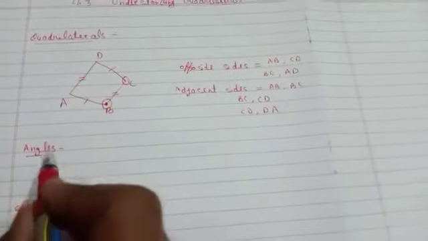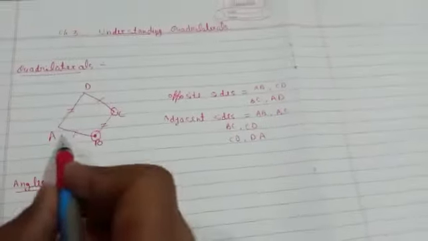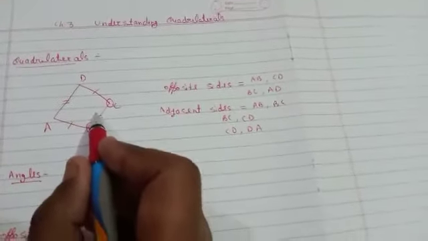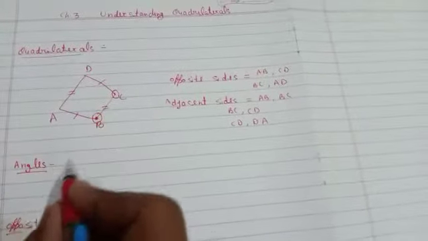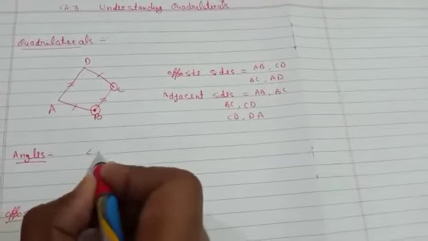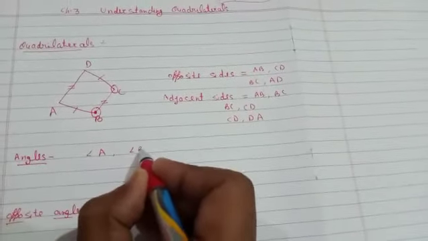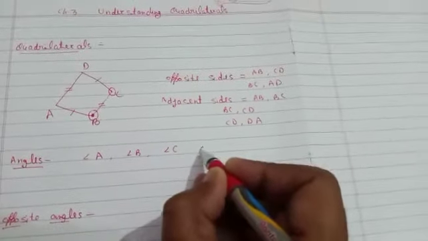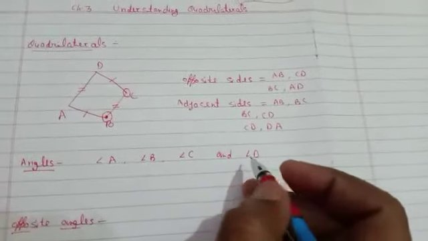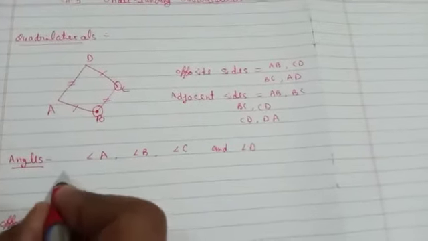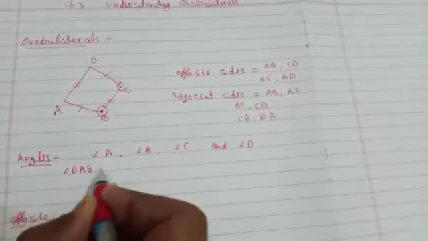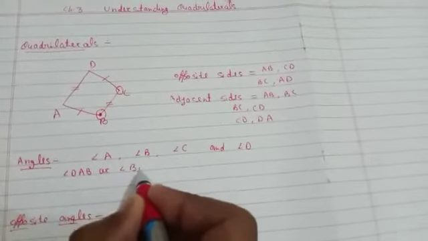Now talking about the angles, as you are seeing, this quadrilateral ABCD has four vertices. Each vertex contains an angle, so this quadrilateral contains four angles, named angle A, angle B, angle C and angle D. If we write the name of angle A completely, then we can write angle DAB or angle BAD.